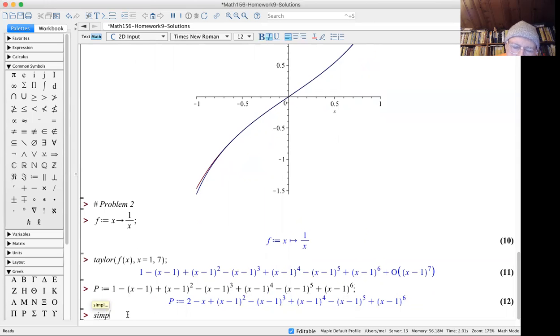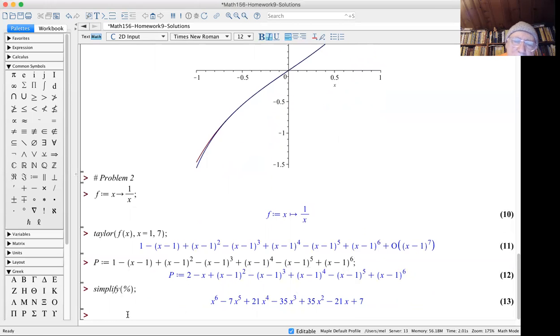And let's see whether that can be simplified. Yeah, when you expand it all out, this is what you get. Let's compare the two of them. Let me just write down exactly what they are.